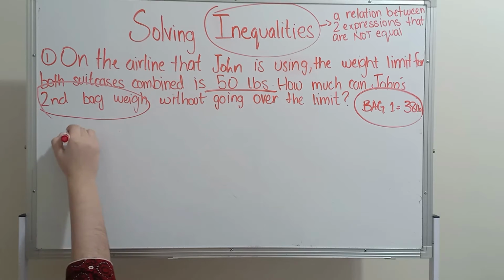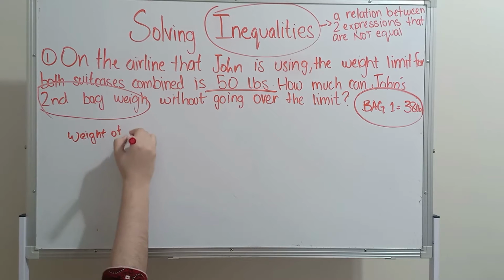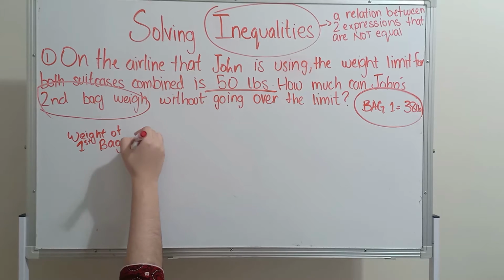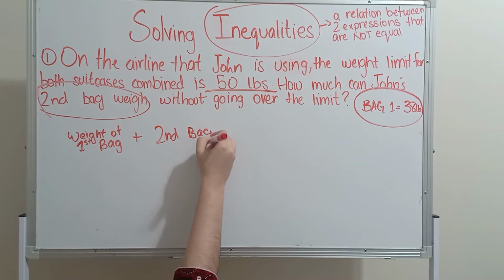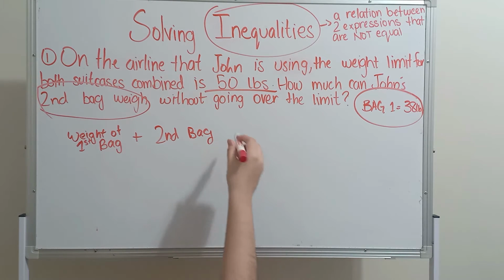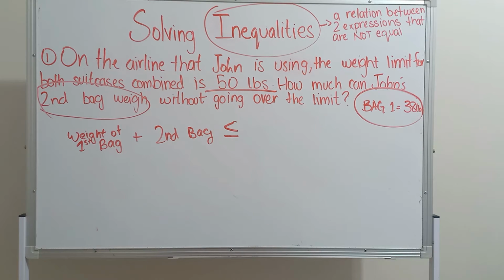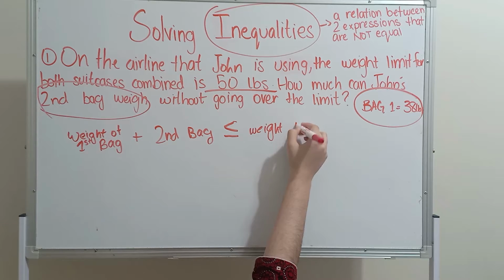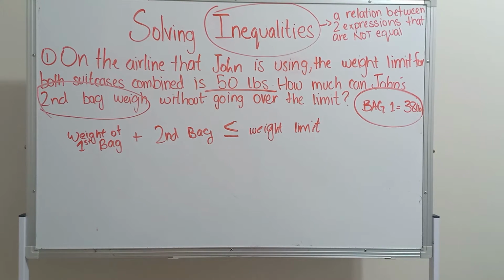So we will have the weight of first bag plus the second bag's weight, and we're going to make sure that it is less than or equal to the bag weight limit. Now we can replace these with numbers.